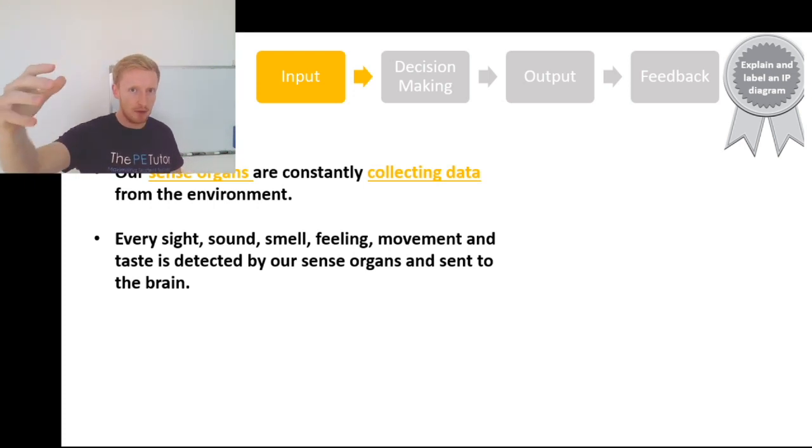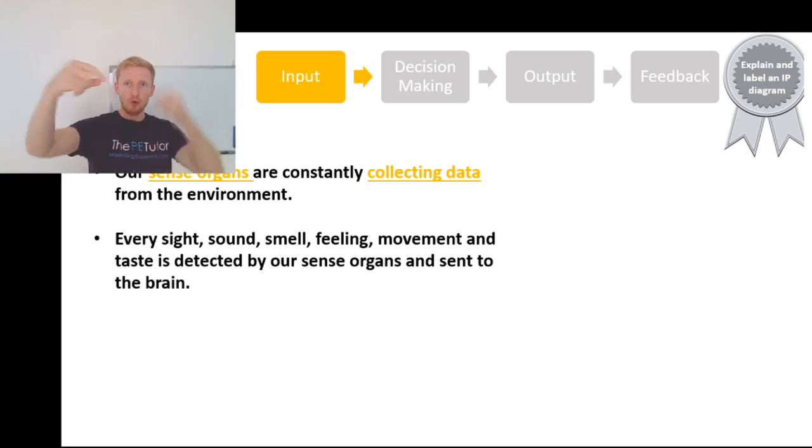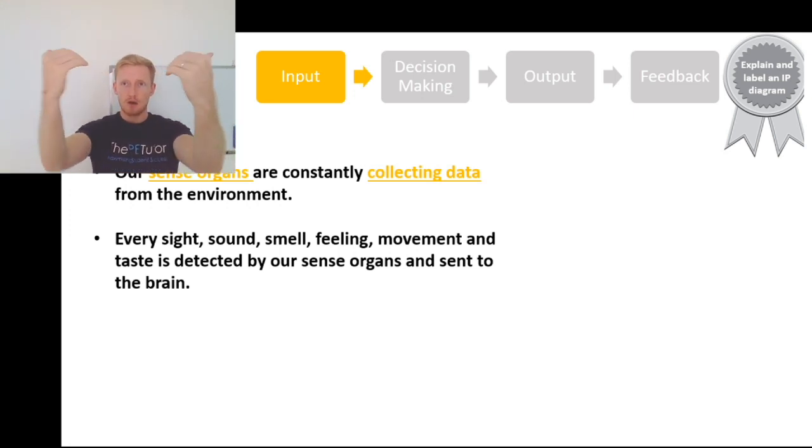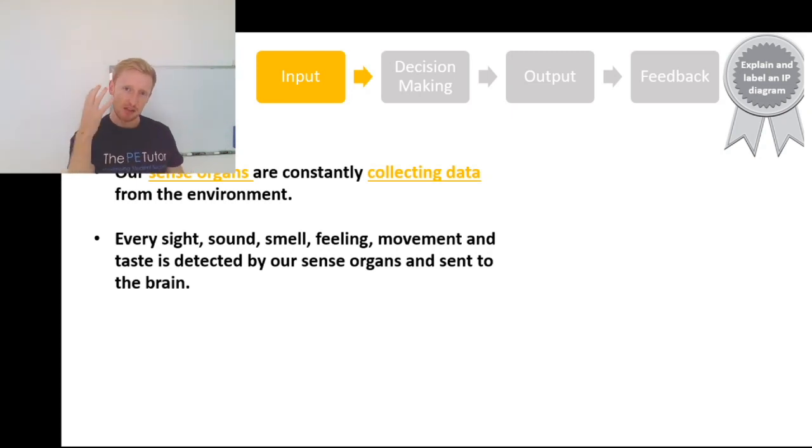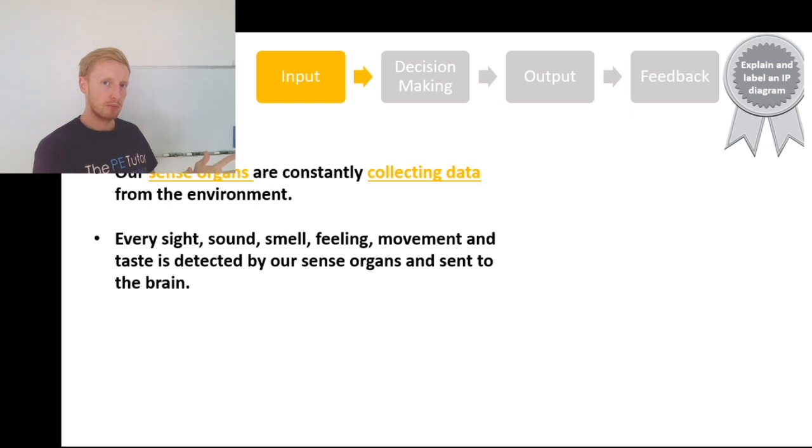It still happened. It still caused changes in the light and in my eyes and my retina. That information still entered me. It still came into my body, but I just chose not to pay attention to it. So there's a difference between us acknowledging something happened and being aware of something happening and something not happening at all.